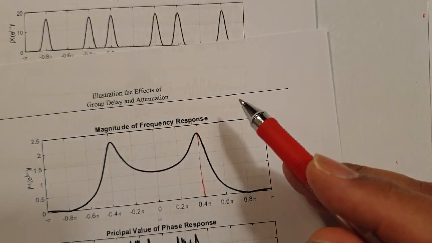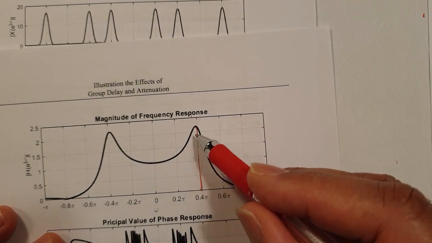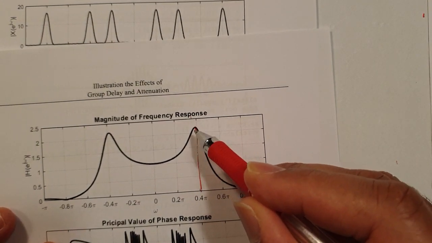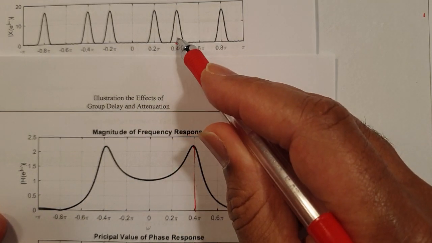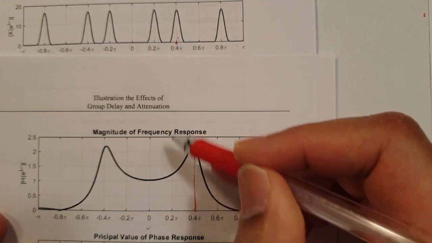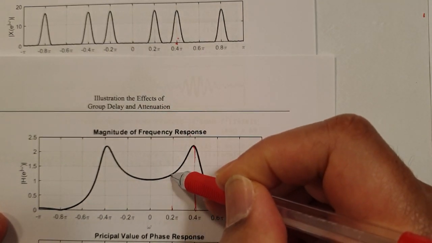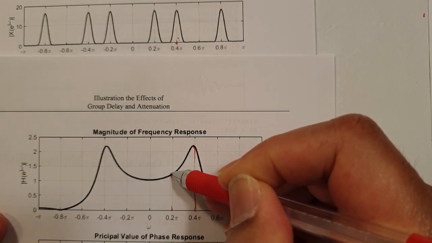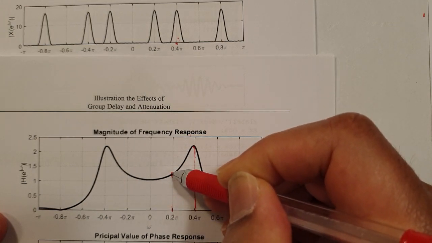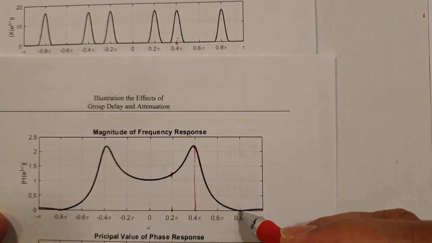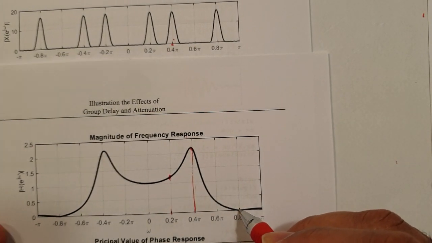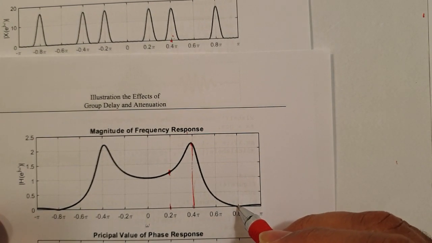Okay. So we have a huge amplification here for this frequency here, which is the medium. Mild amplification, almost equal to 1 for the lowest frequency, and the highest frequency is cut.